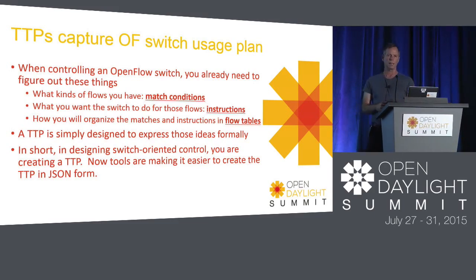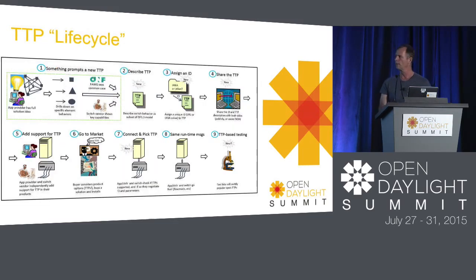So it does require that you write that and capture all these ideas formally in a JSON format. That's what TTPs do. But it's not like you have to go through a whole other design step. You had to go through this design step anyway. So in the process of designing an OpenFlow interface, you're basically creating a TTP. Now we're just asking you to formalize it.